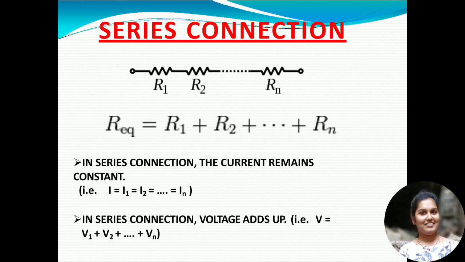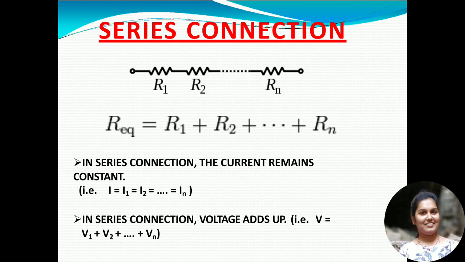So the value of resistance depends on the way you connect the resistors into the circuit. In general, any circuit can be connected in two fashions: the first is series connection and the second is parallel connection.